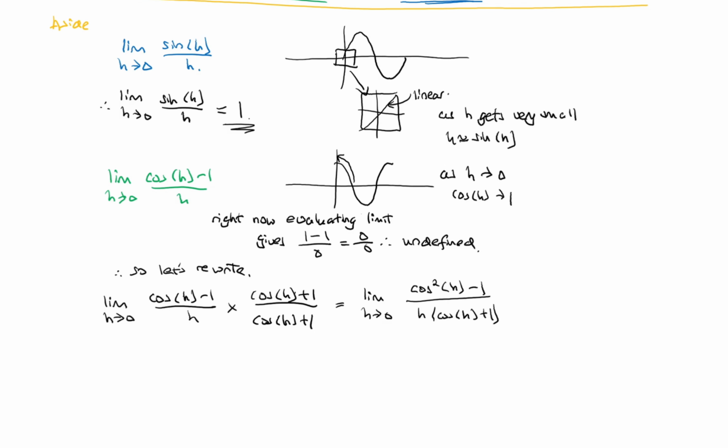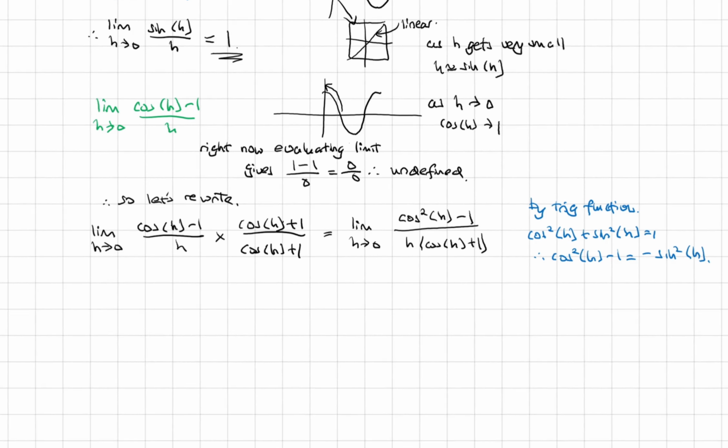I'll just leave it factorized for a moment, and you'll see why later. And by the trig identities, we know that cos squared h plus sine squared h equals 1. And therefore cos squared h minus 1 equals negative sine squared h.